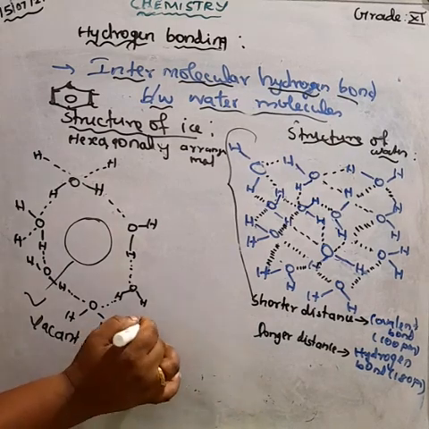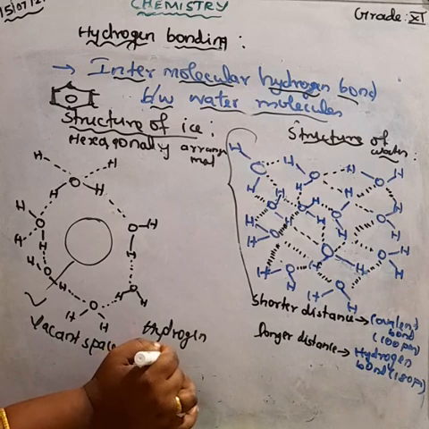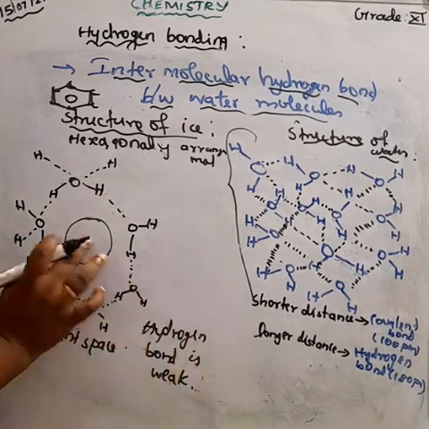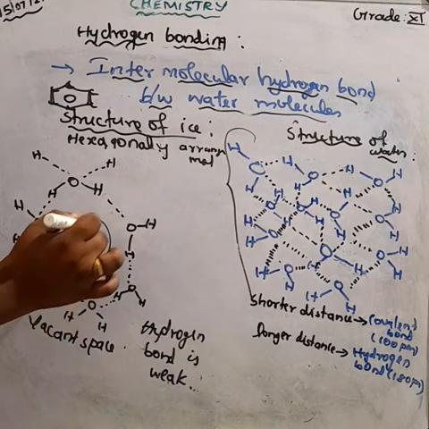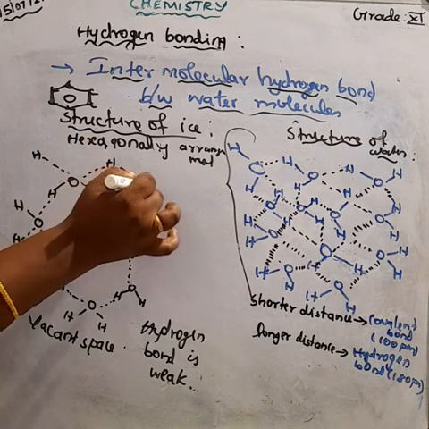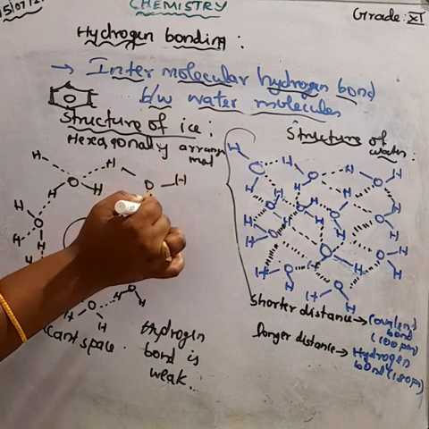But in the case of ice, it easily breaks down. So this is the reason: due to the vacant space and the weak hydrogen bonding, the density of ice is lower than water.